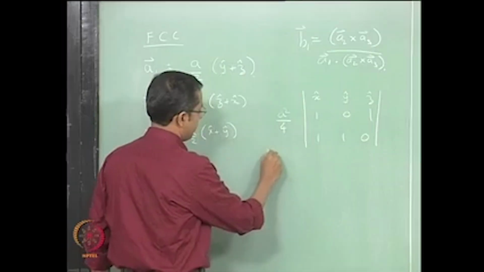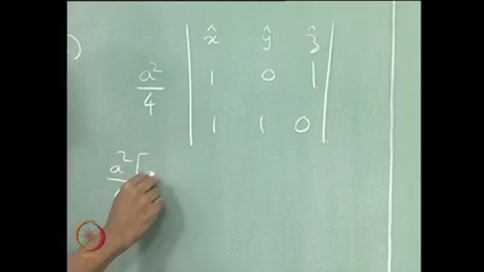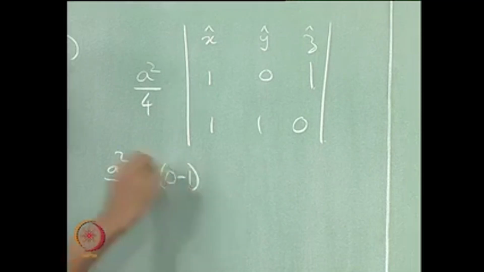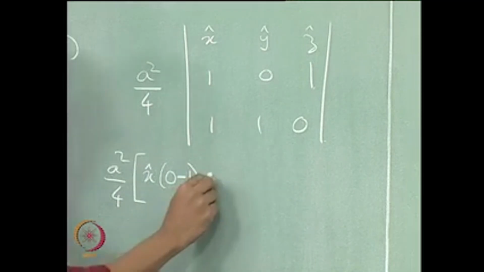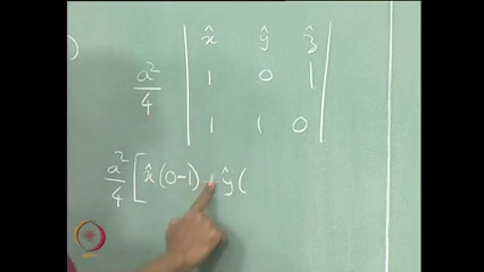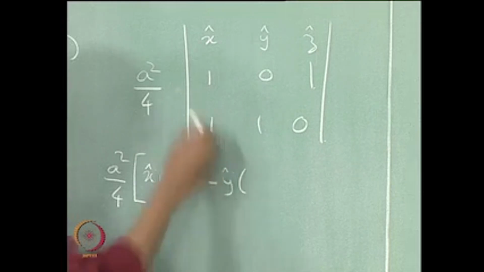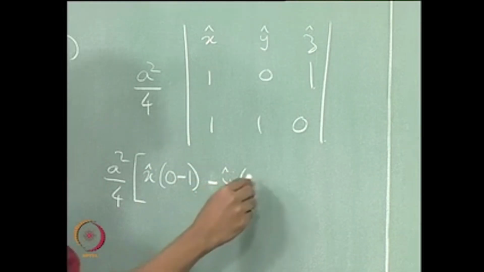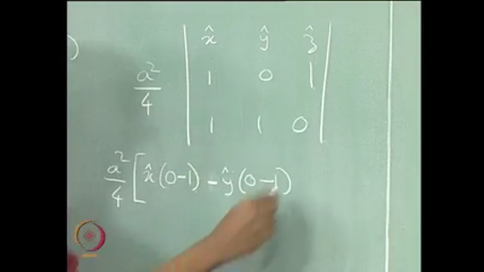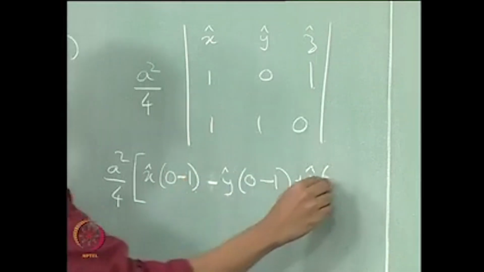This is A square by 4 times x cap into 0 minus 1, plus y cap, I am sorry, minus y cap, this is just a standard expansion, minus y cap into 0 minus 1, plus z cap into 1 minus 0.